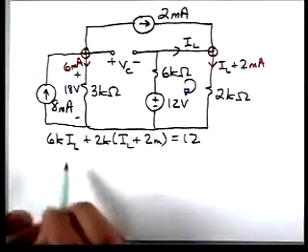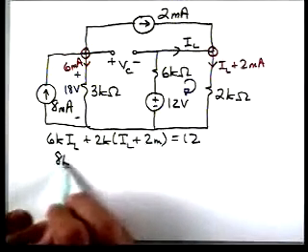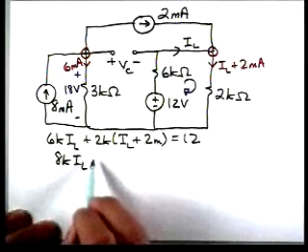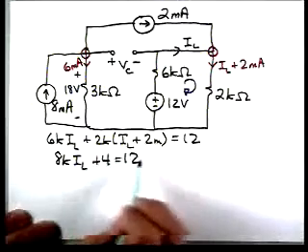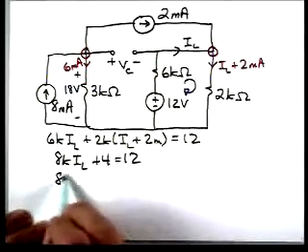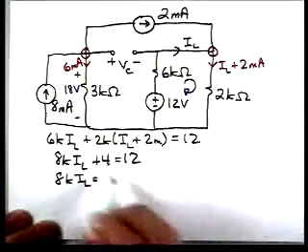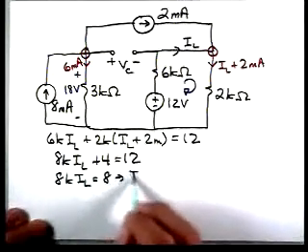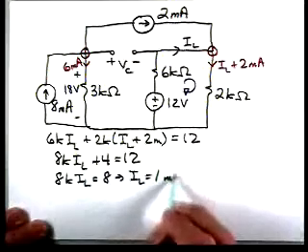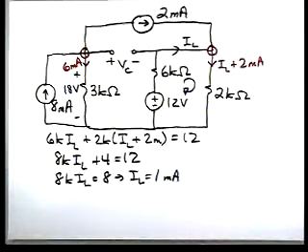And then we have 8K IL plus 4 equal to 12. Then that gives us 8K IL equal to 8. And then that gives us IL equal to 1 milliamp.